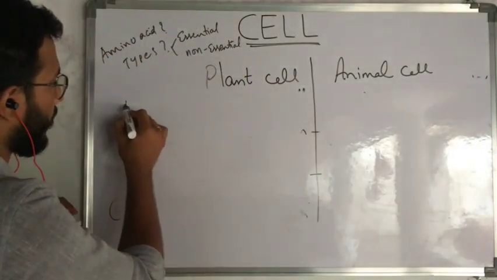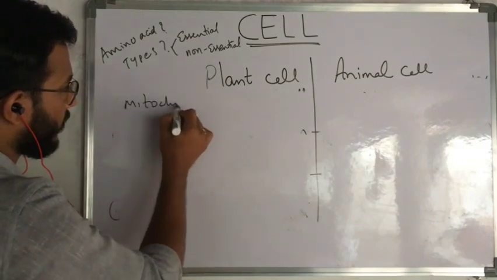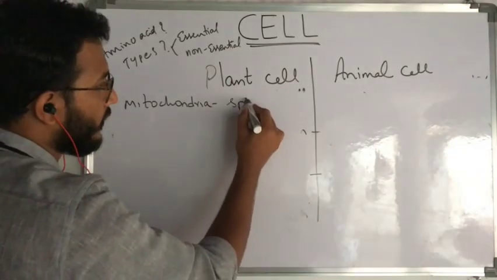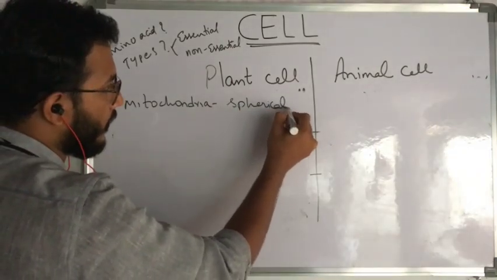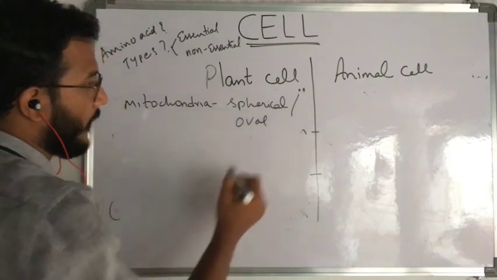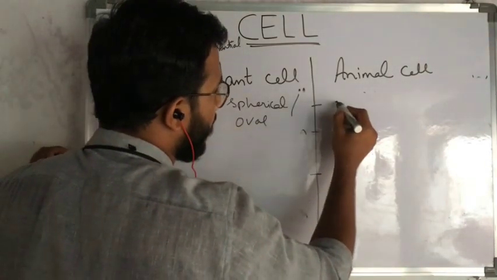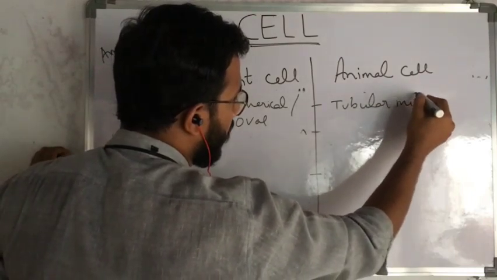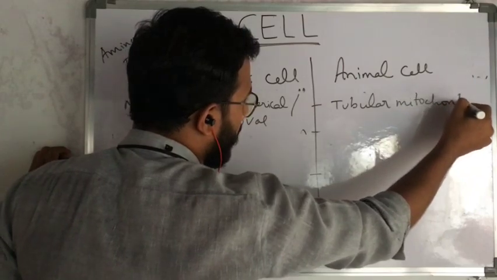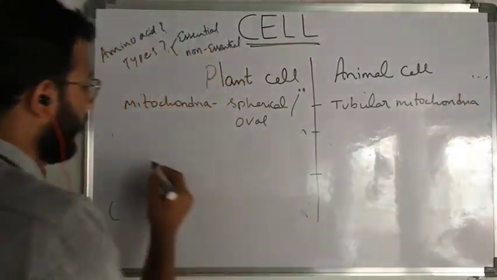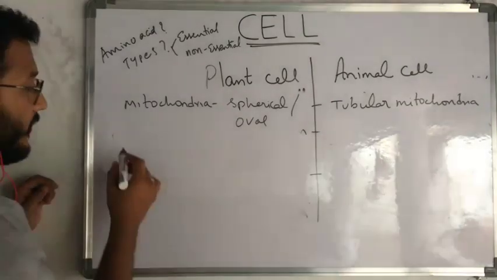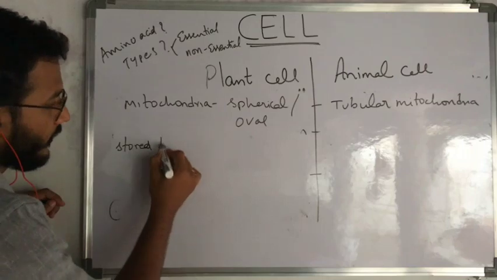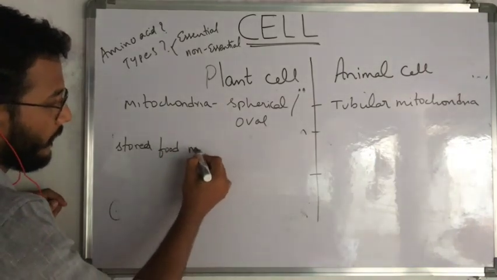And the next point, what about mitochondria? Spherical or oval mitochondria will be present here, and here tubular mitochondria. Another most important point is stored food materials.